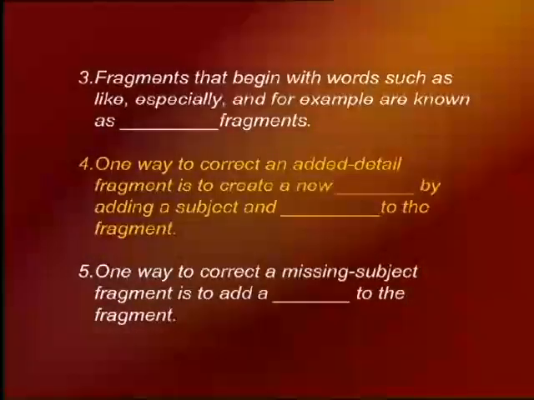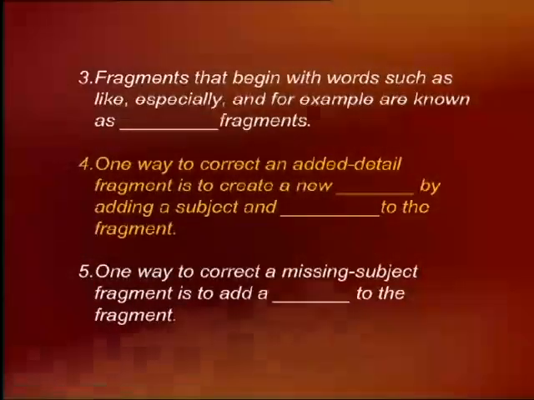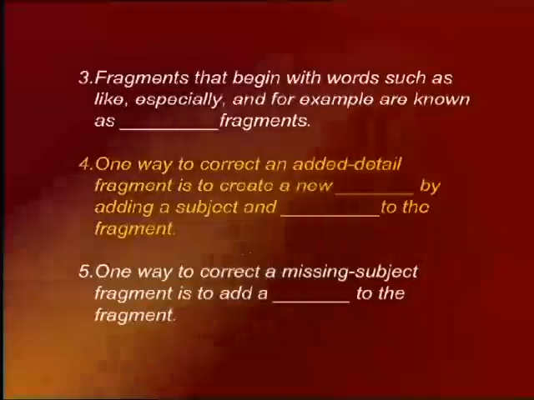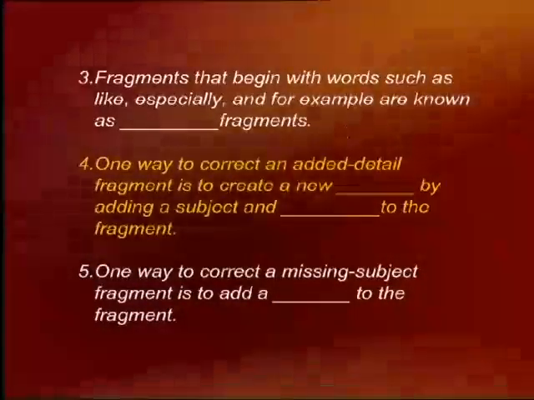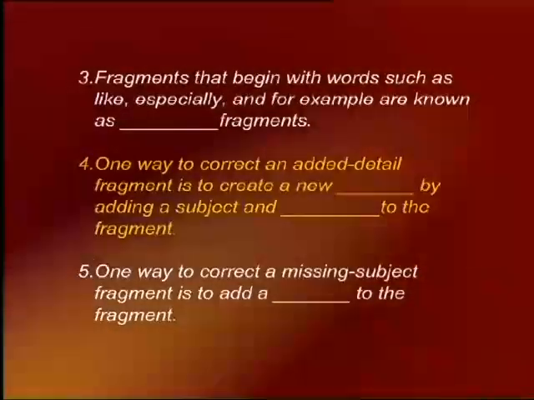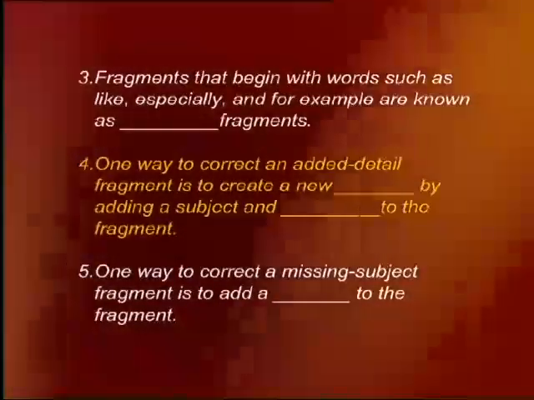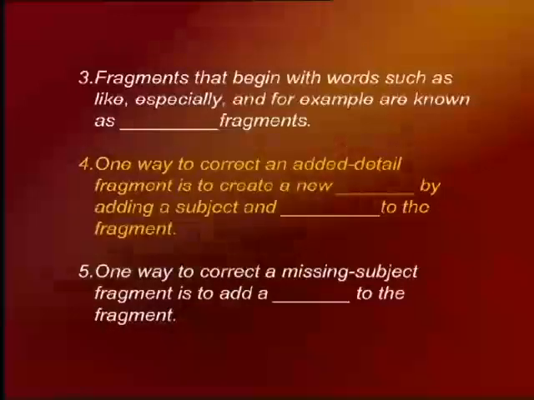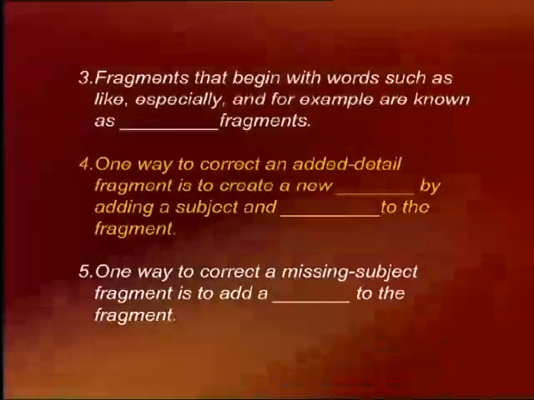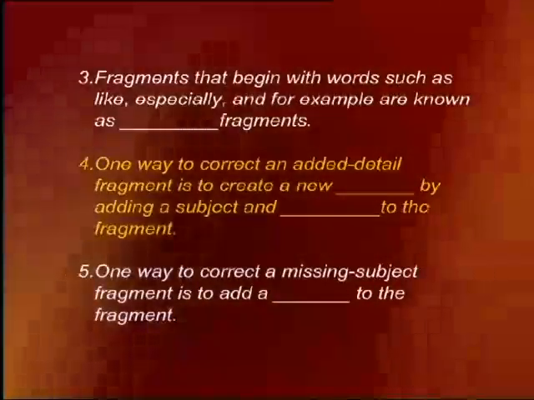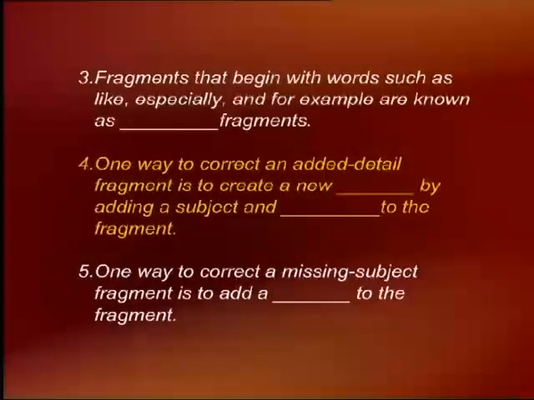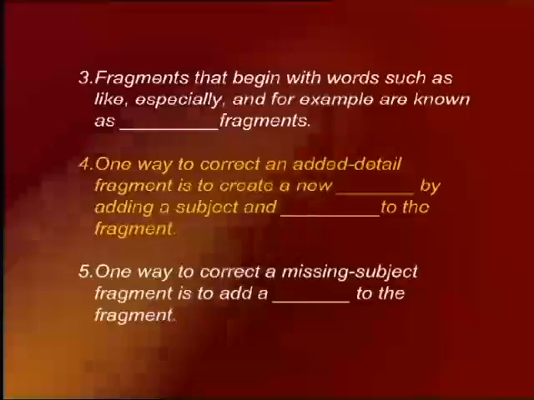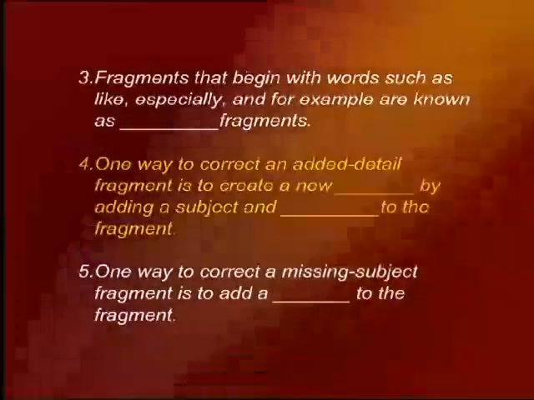Number 4. One way to correct an added detail fragment is to create a new dash space by adding a subject and to the fragment. Number 5. One way to correct a missing subject fragment is to add a to the fragment.